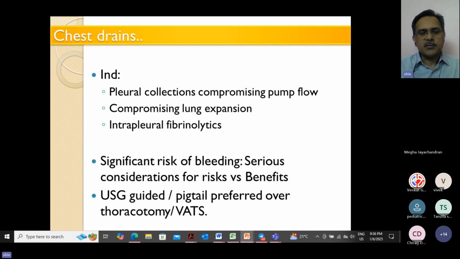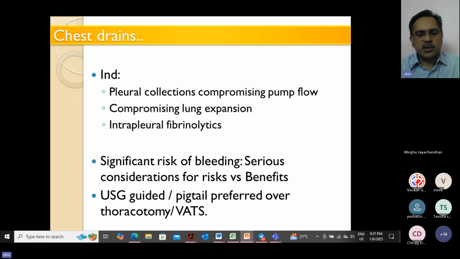Chest drains, we should be limiting to only those situations where it is compromising lung expansion or ECMO flow. So if you have a huge tension pneumothorax or a significant pleural effusion that is causing problems with flows, small pneumothoraces or small pleural effusions are preferably left alone to be addressed later if required, because the risk of bleeding is quite significant with these interventions.